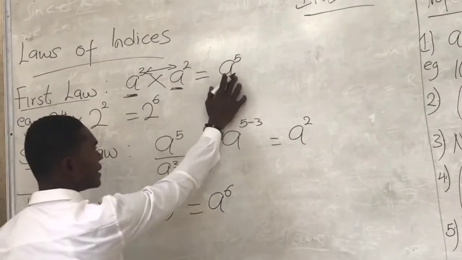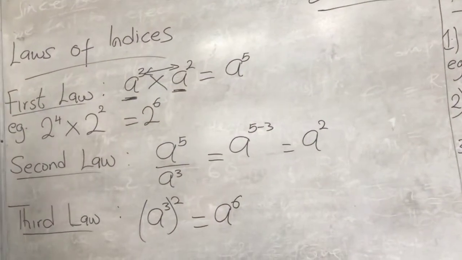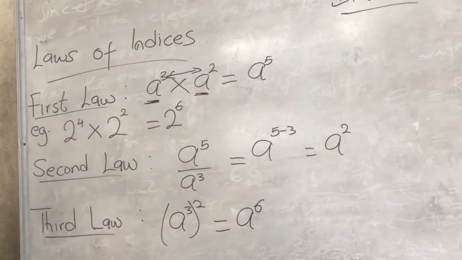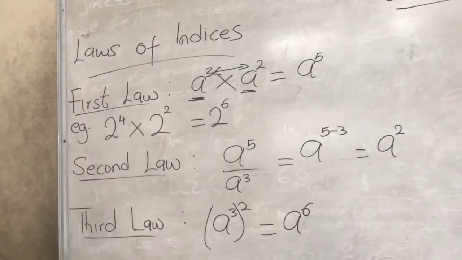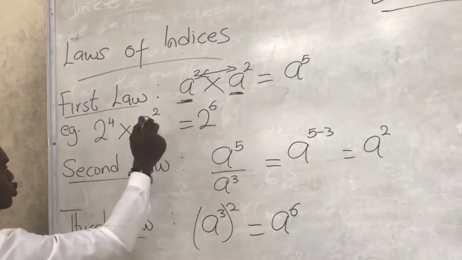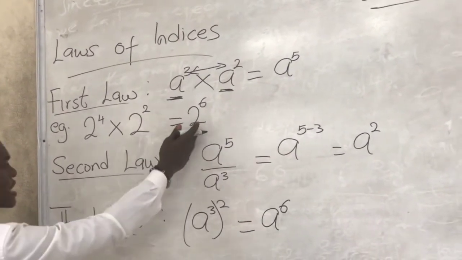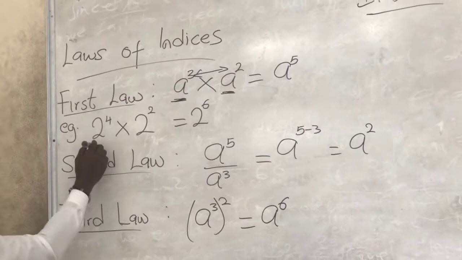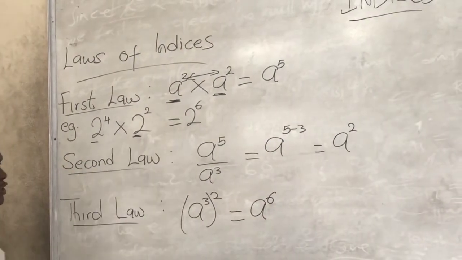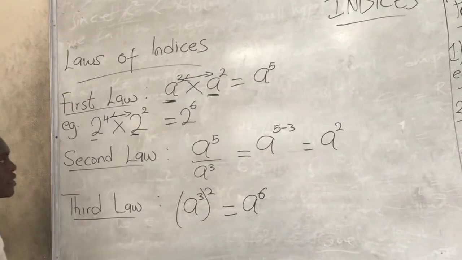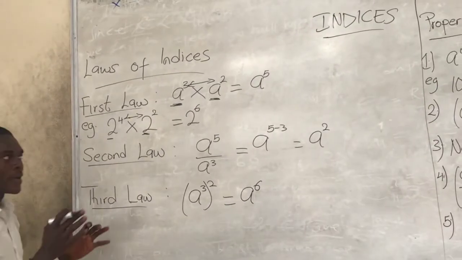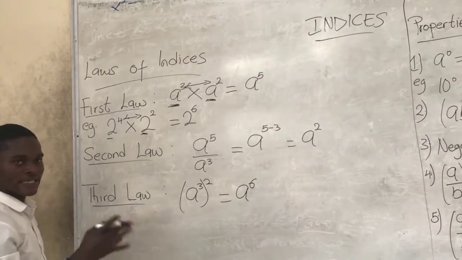That's why we get A exponent 5. We have some examples here. 2 exponent 4 times 2 exponent 2, we get 2 exponent 6. The bases are the same, so we add the exponents to get 6. So this is what the first law states.